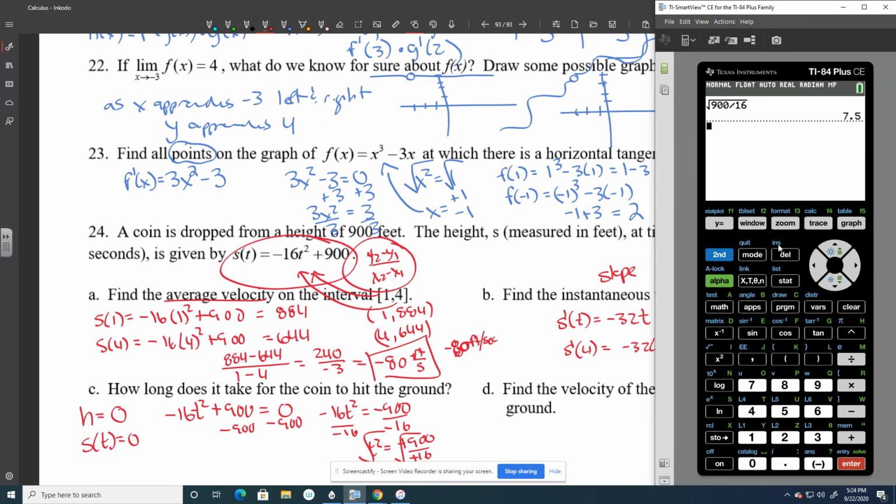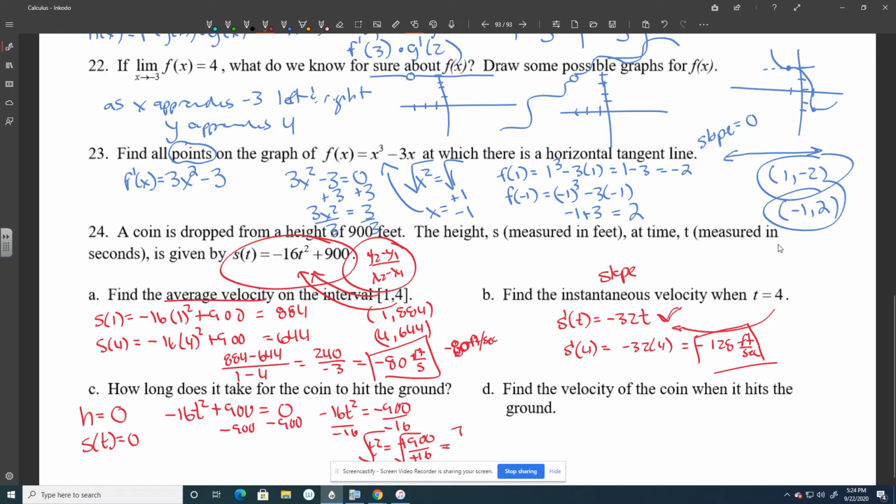And I get 7.5. Now, technically, I've got 7.5 and negative 7.5. But when I'm dealing with time, we ignore the negative time. At least in this case, we do. So my answer would be 7.5 seconds is how long it takes to hit the ground. That's when my height is 0.